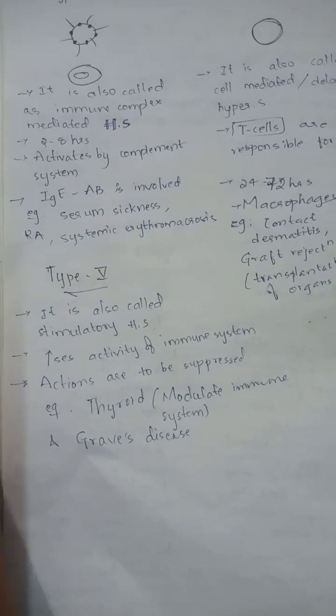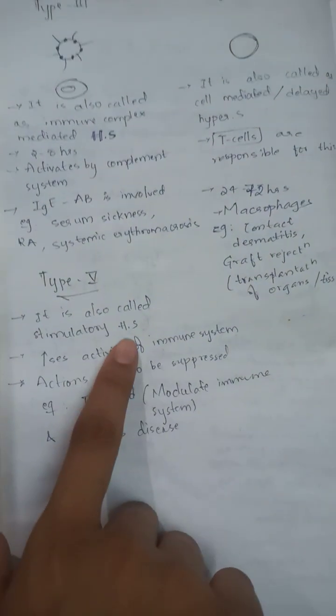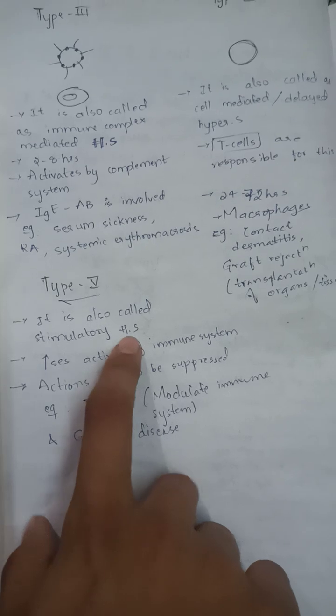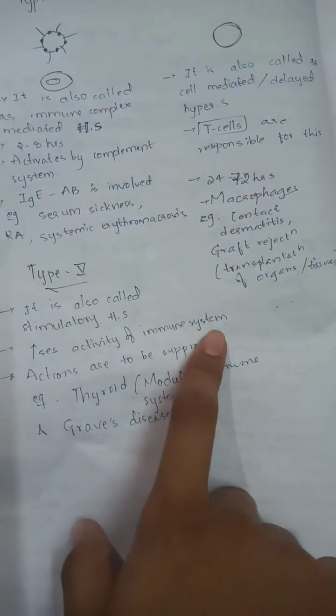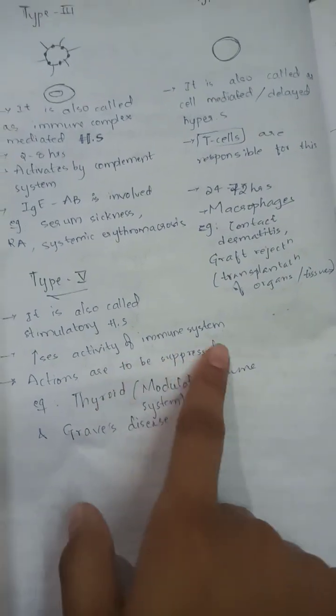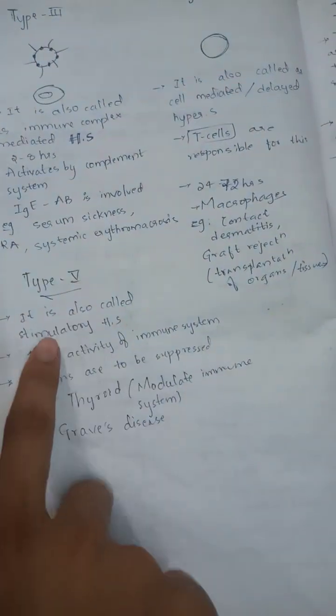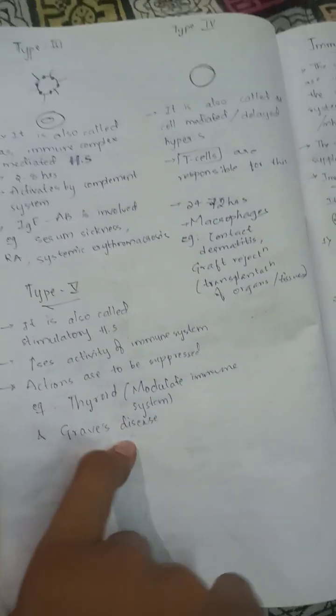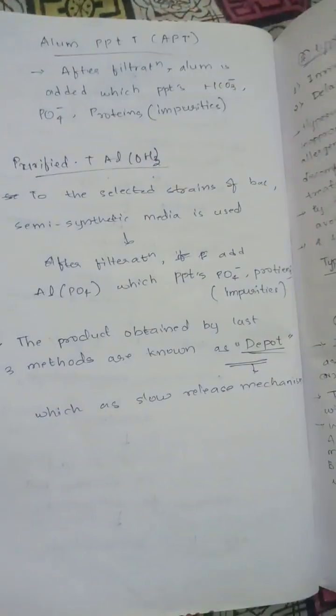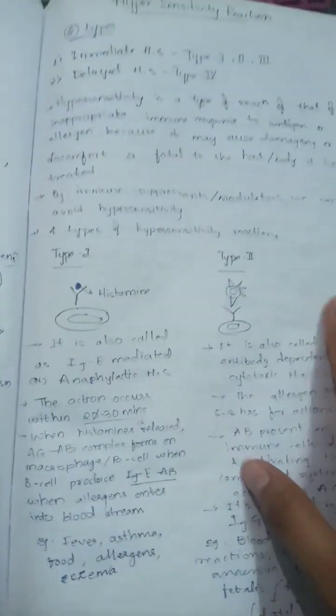And the fifth is also known as stimulatory hypersensitivity. It increases the activity of the immune system. So immunosuppressants are mostly used to avoid this. Example, thyroid and Graves' disease. These are the hypersensitive reactions.